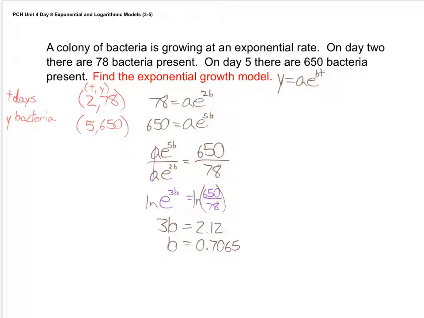So now we know that our model is, we'll fill it in as we go here, y equals something times e to the 0.7065 t power. Now we just need to figure out what that value of A is.